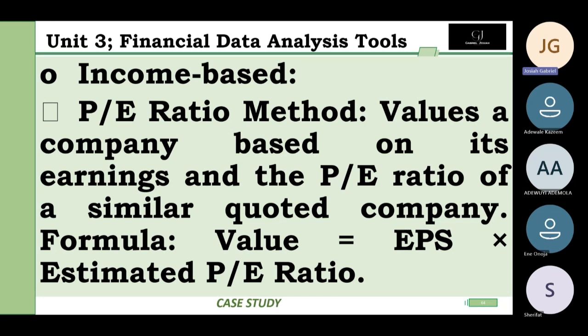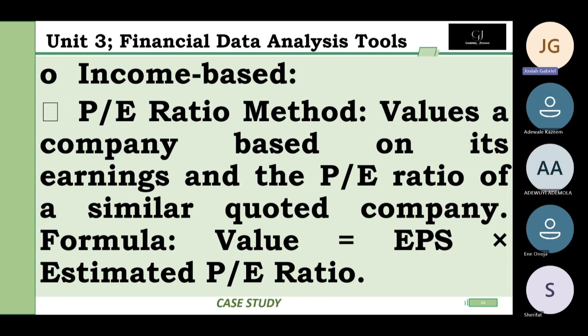So this method looks at the PE ratio of a company in the same space or the same industry, and they are compared based on their earnings to see which one is more profitable than the other.